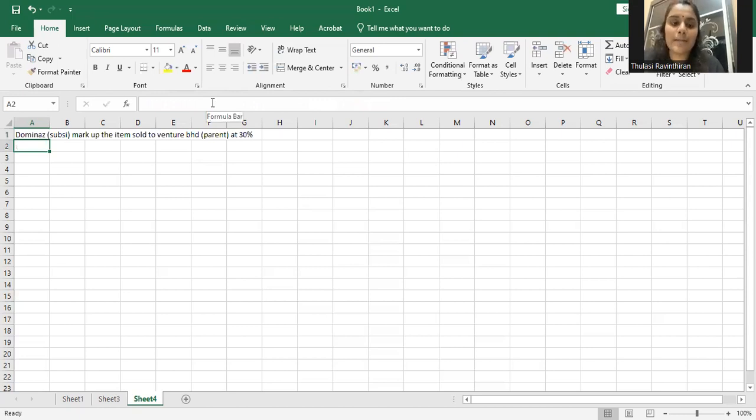Meaning in this situation they give the cost markup directly. Okay, we just take the 30% for calculation.